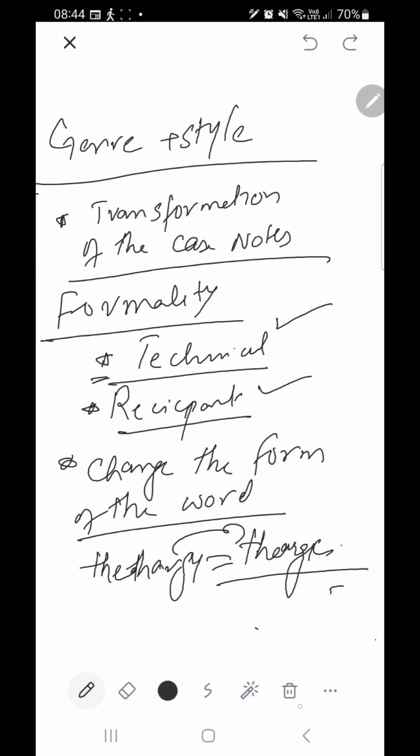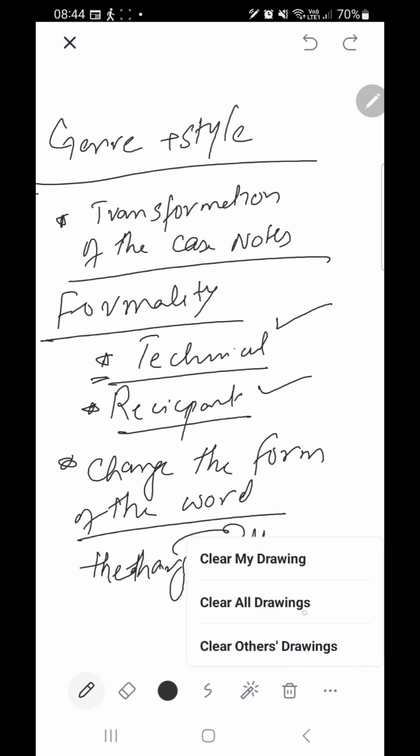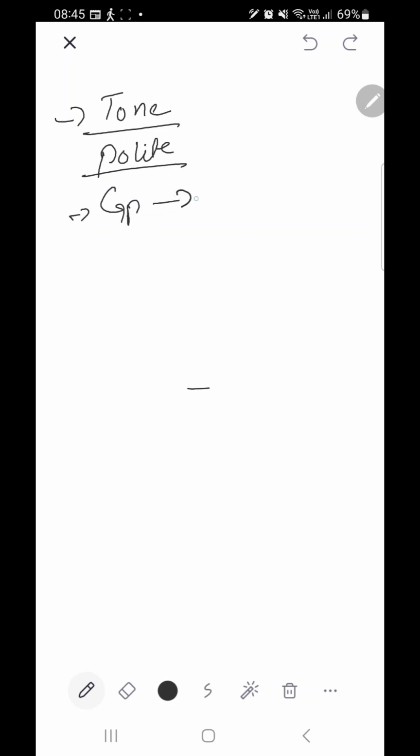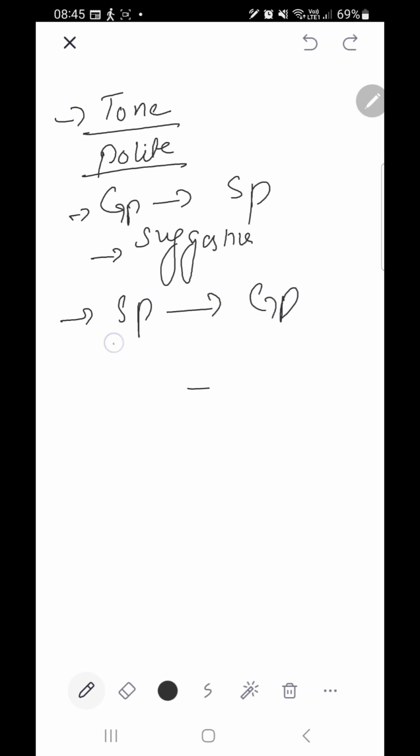Lethargy, say lethargic; complaint to complaints, and so on. And the second thing is the tone. We should have a polite tone, but if you're writing from GP to specialist, it should not be a recommending tone but a suggestive one. Specialist to GP, though polite, is a recommending tone.